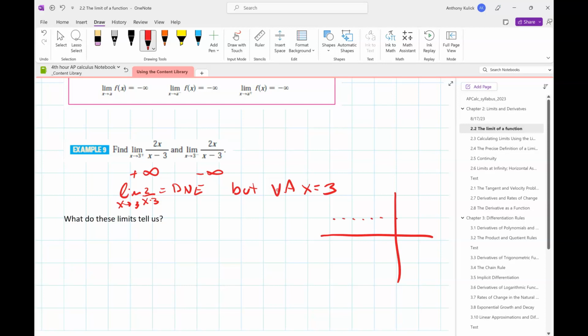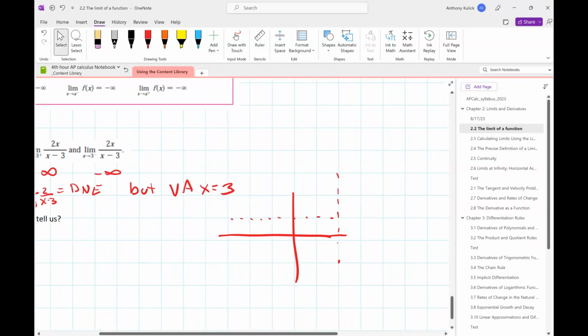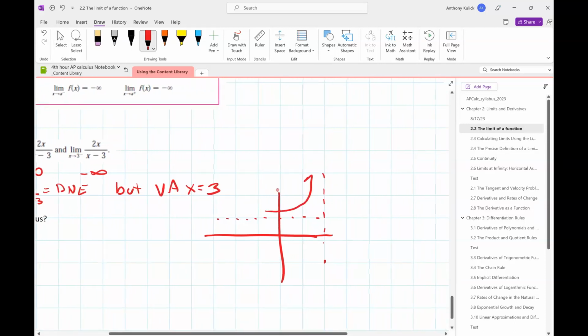You have a horizontal asymptote at 1, a vertical asymptote at 3, and then this end doing this, and this end doing that. Oops, other way around. This one doing this, and this one doing that. Sorry.